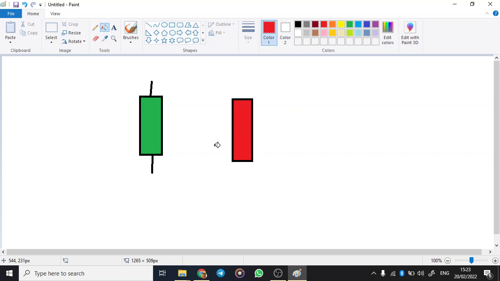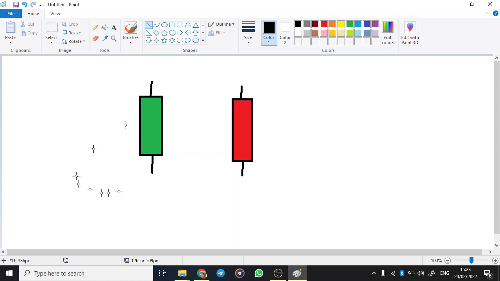So if we're saying we have two types of candlesticks, a candlestick that shows upward movement and a candlestick that shows downward movement, the next thing to discuss is where prices are at, where we find the price.